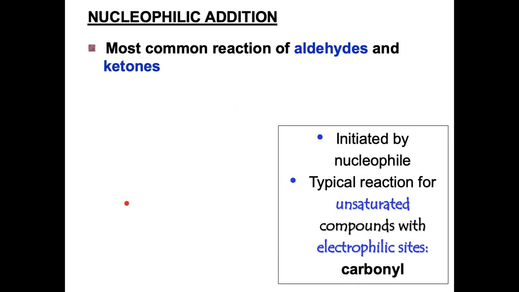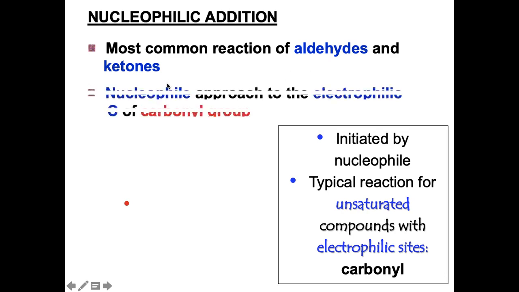For nucleophilic addition, most common reaction of aldehydes and ketones. Remember that addition involves multiple bonds. So now your multiple bond is C double bond O for aldehydes and ketones. Nucleophile approaches the electrophilic C of carbonyl group.